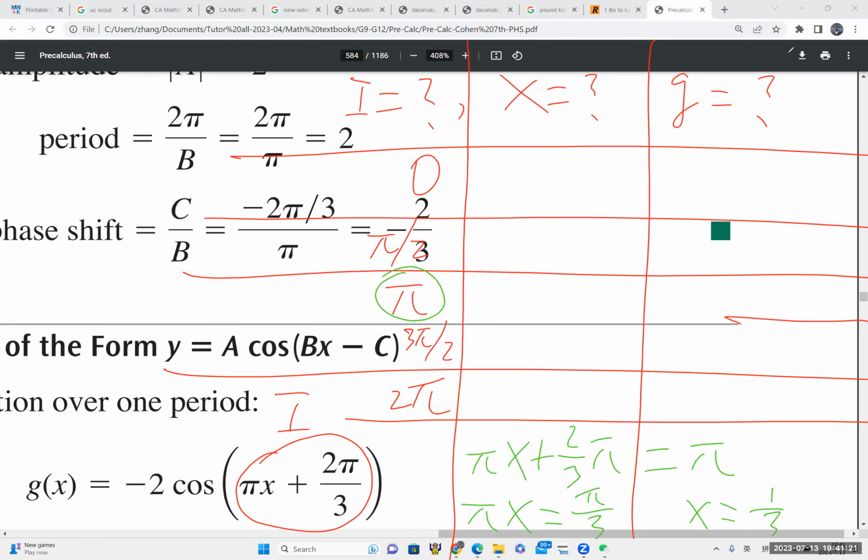So when I equal to pi, x should be 1 over 3. And the function value: as this is pi, we know cosine pi equal to -1. So -1 times -2, I get 2. So I finish 1 point. We just need these 5 key points.